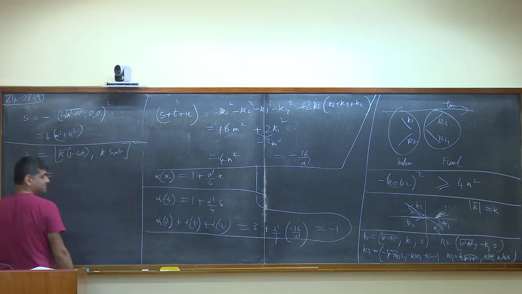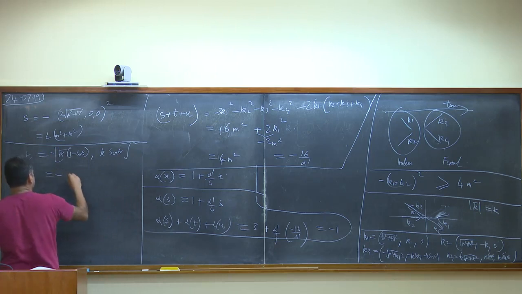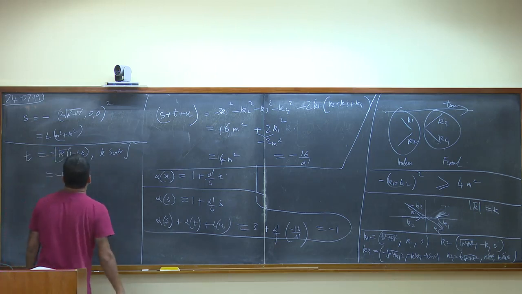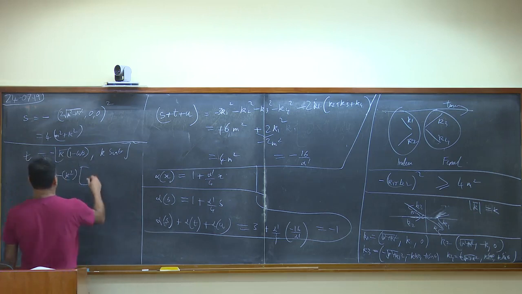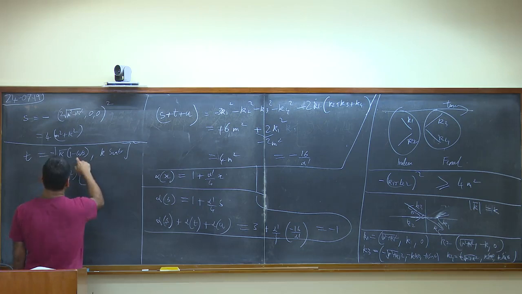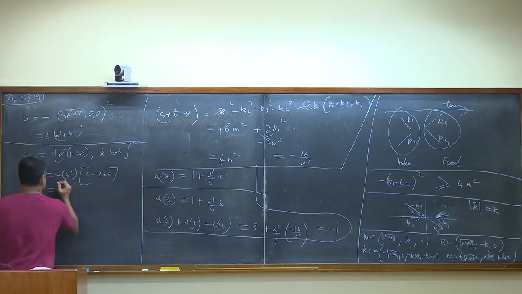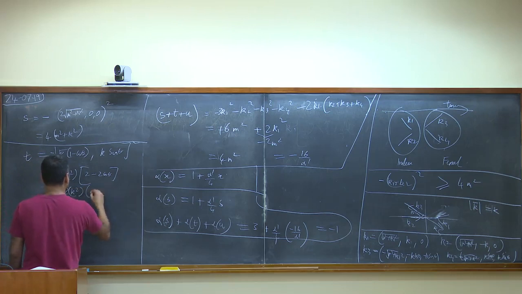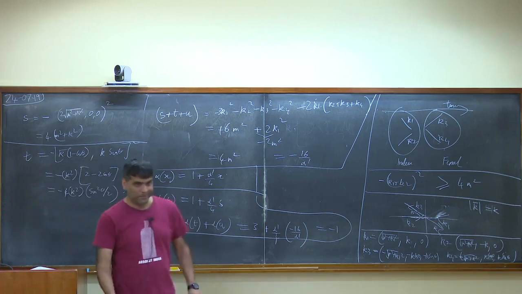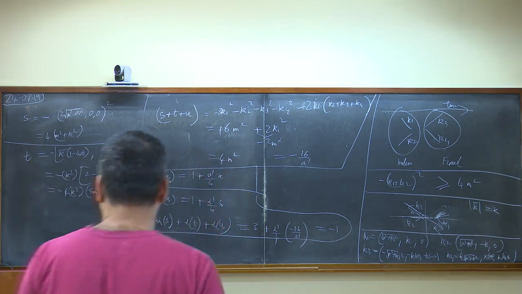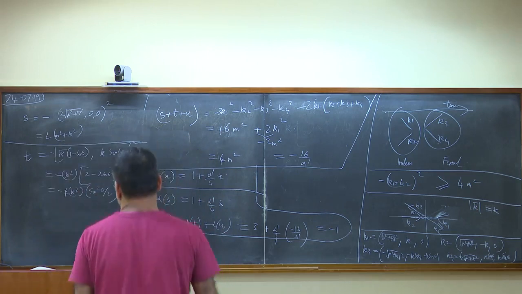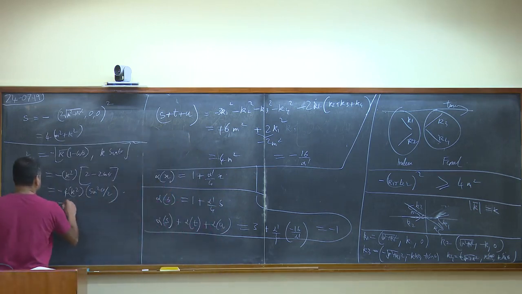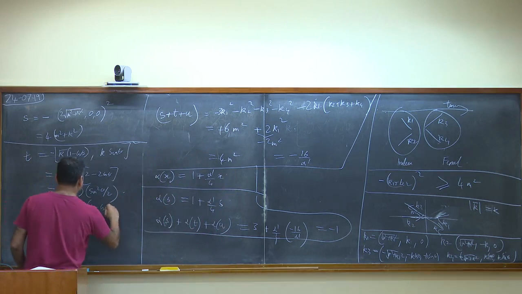So that is equal to, with a minus, minus k square into 1 plus cos theta... 2 minus 2 cos theta, which is equal to minus 4k square into sine square theta by 2, or equal to minus 2k square into 1 minus cos theta.